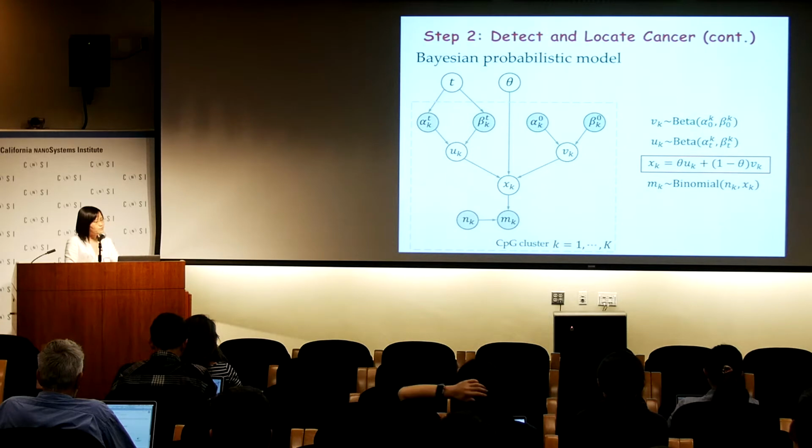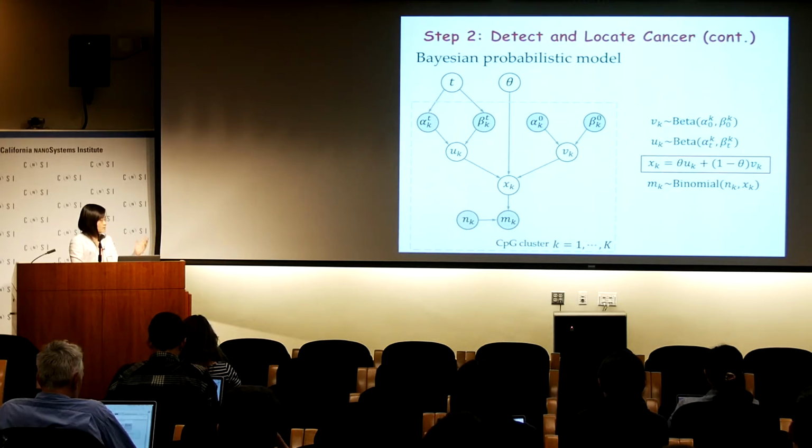And here's our Bayesian probabilistic model. We have two variables to determine: what tumor type T, and what tumor fraction theta, the tumor DNA fraction in the cfDNA. Given tumor type T, we have already learned the parameters alpha and beta to determine the beta distribution, and therefore the methylation level at this CpG site K. And the normal plasma's beta distribution parameters determine the normal plasma methylation value Vk.